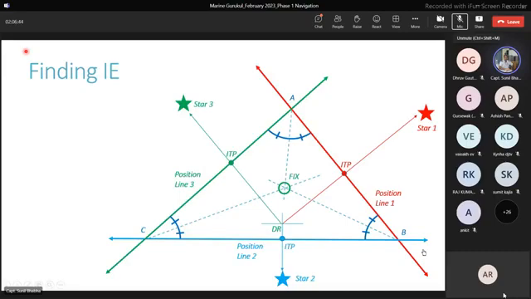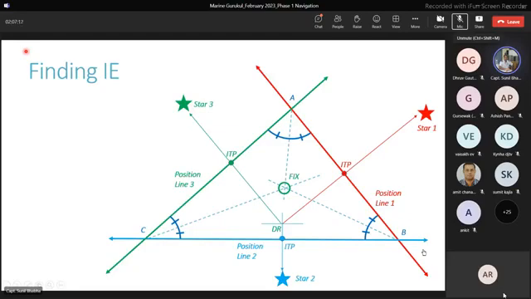If there is no error, then all the 3 position lines would intersect at the same point and there will be no triangle or no cocked hat formed. The triangle or cocked hat is formed only when there is an error in the observation, plotting or calculation of the sight.